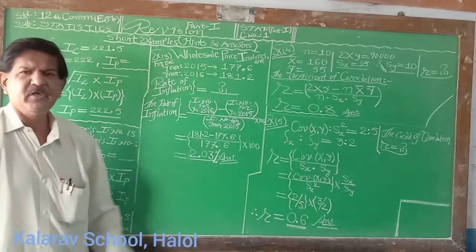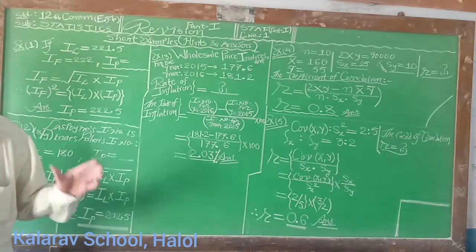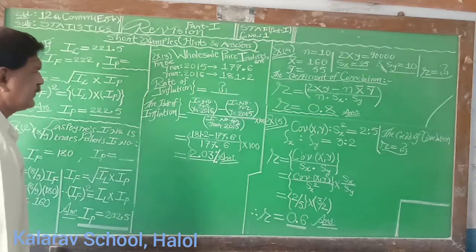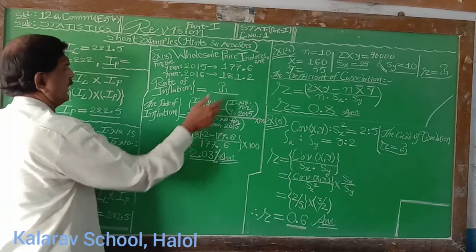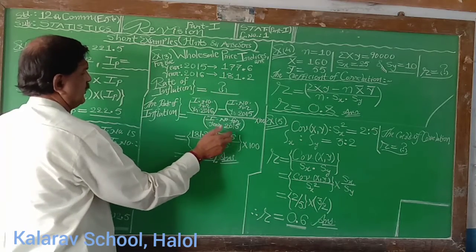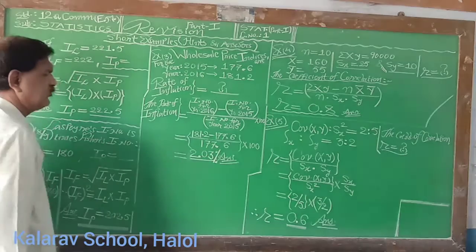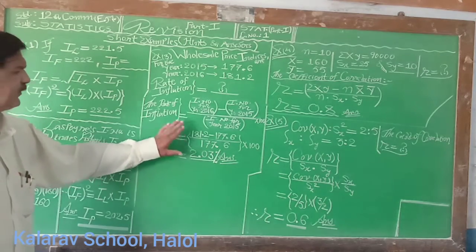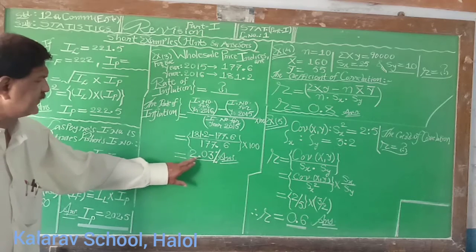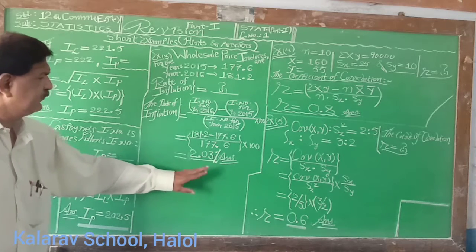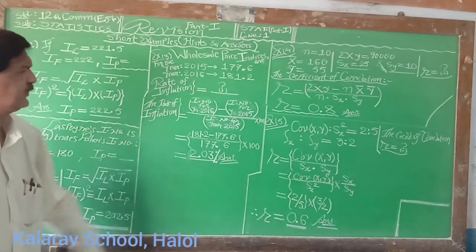Multiply by 100 in order to express in terms of percentage. Substitute the values: 181.2 minus 177.6 upon 177.6 into 100. Ultimately, by making simplification, you will get the answer as 2.03%. This answer must be expressed in terms of percentage.